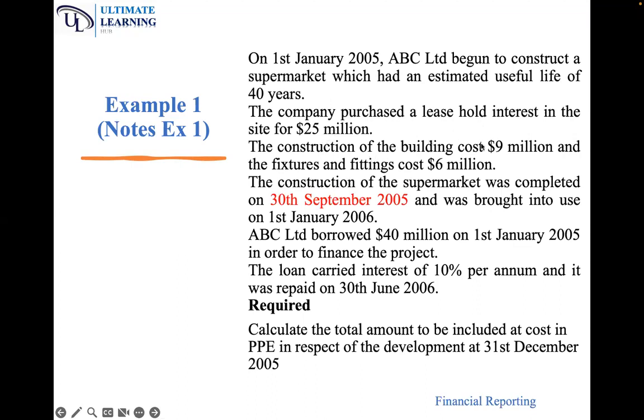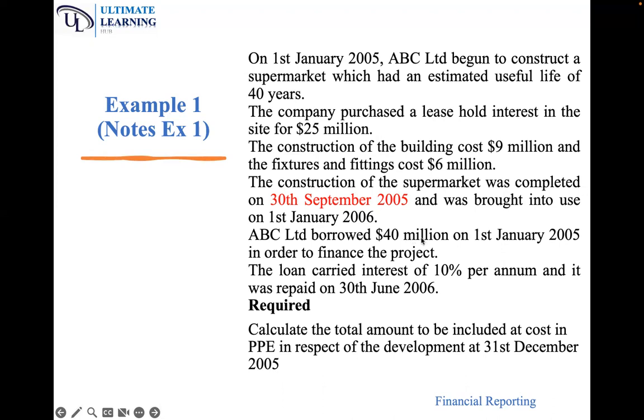The construction of the building was 9 million, and fixtures and fittings costs were 6 million. The construction of the supermarket was completed on 30th September 2005 and was brought into use on 1st January 2006.